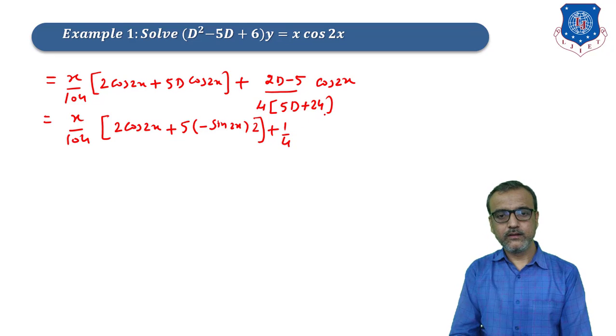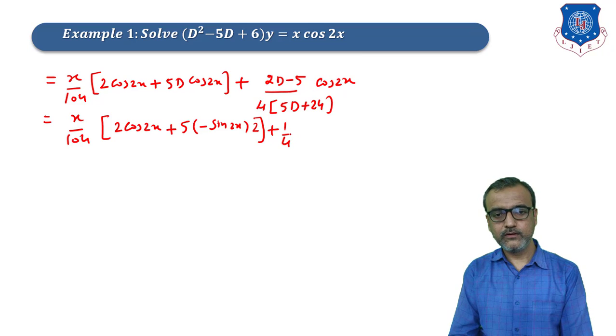Then after this plus sign, this 1 by 4 will be as it is. Now, as all of you know, whenever we have been given cosine of ax plus b, we require the function of d square in the denominator. So we will multiply the numerator and denominator by the conjugate of 5d plus 24, that is 5d minus 24.